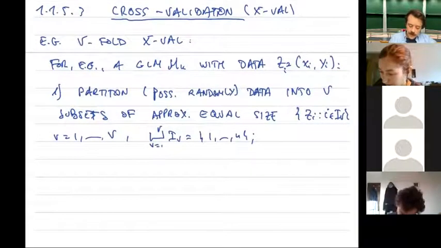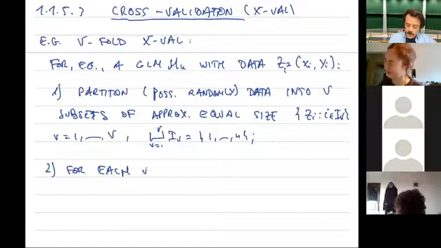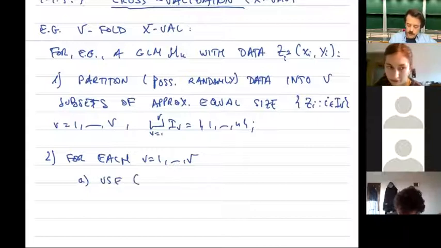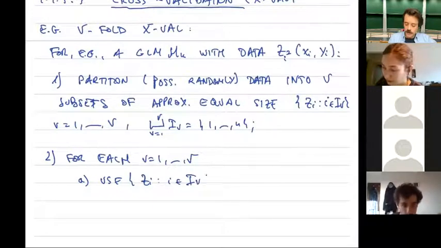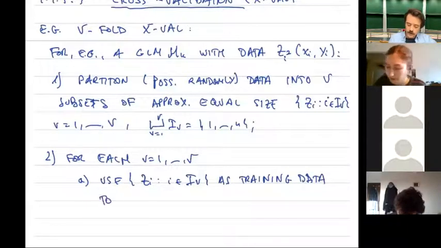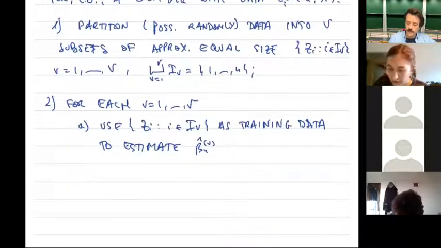And then second, for each v, 1 to capital V, first use your Z_i that are not in this fold, the ones you left out, as training data to estimate your MLE for the kth model, which of course depends on v.